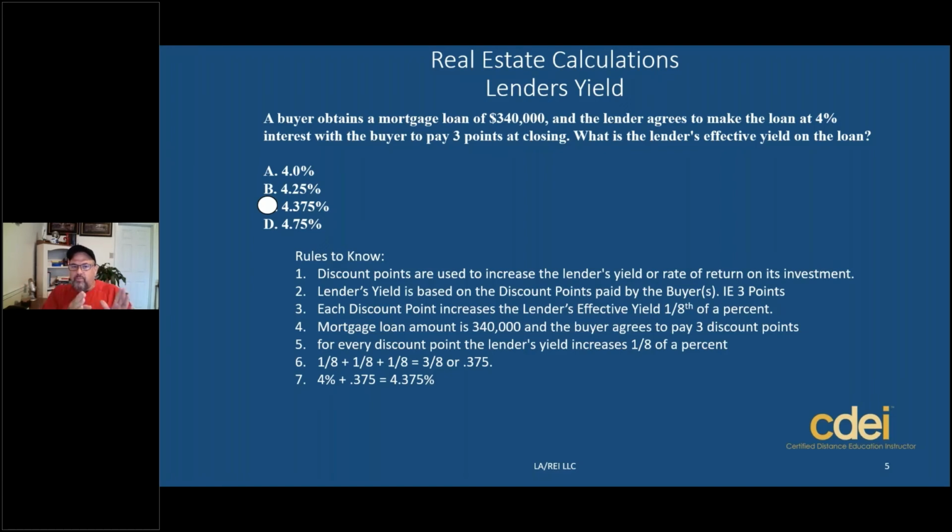If I have 3 points, 3 times 1/8 or 3/8 gives me 0.375, and then just add it to the original interest, and the effective yield is 4.375. Very popular question, very likely to be asked on the state exam, so be ready for this.